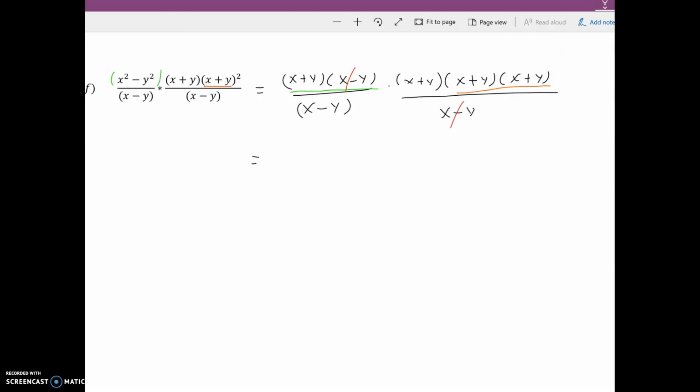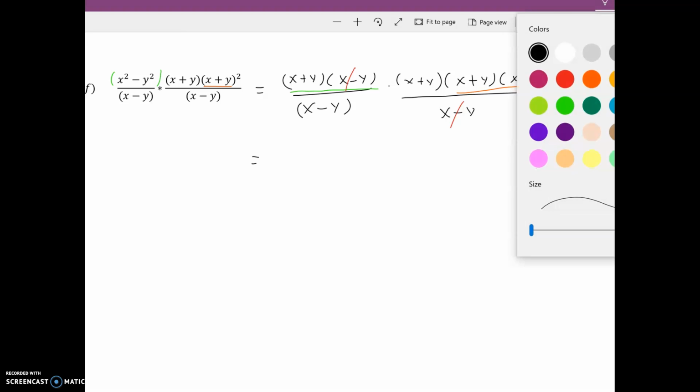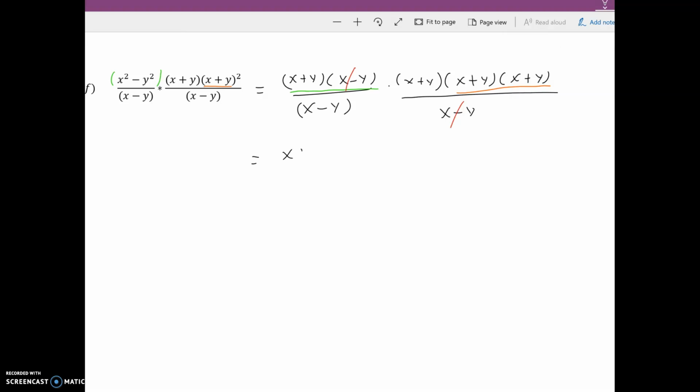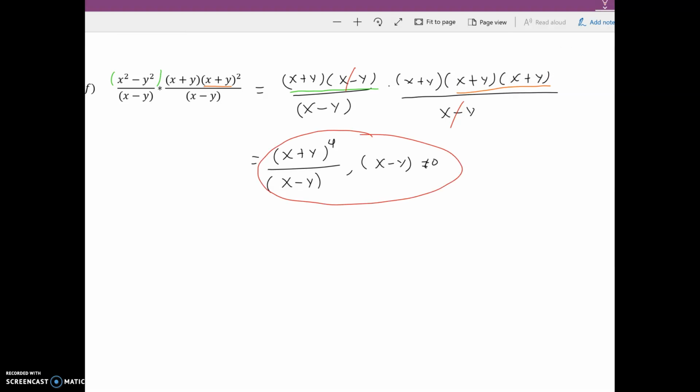On the top, you have 1, 2, 3, 4 x plus y's that don't cancel, and I'm just going to write them to the fourth power over a single x minus y. And I'm just going to write that x minus y is not equal to 0. So in this case, this is our final answer.